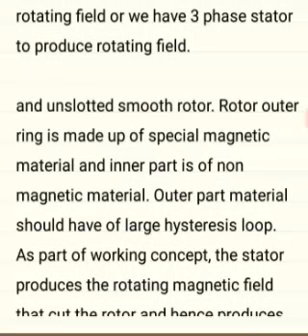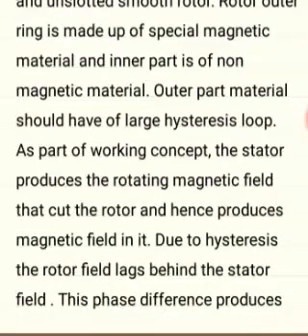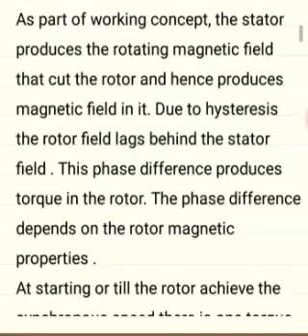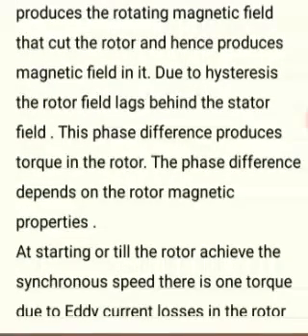The rotor outer ring is made of a special magnetic material and the inner part is of non-magnetic material. The outer part material should have a large hysteresis loop. As part of the working concept, the stator produces the rotating magnetic field that cuts the rotor and hence produces a magnetic field in it. Due to hysteresis, the rotor field lags behind the stator field.